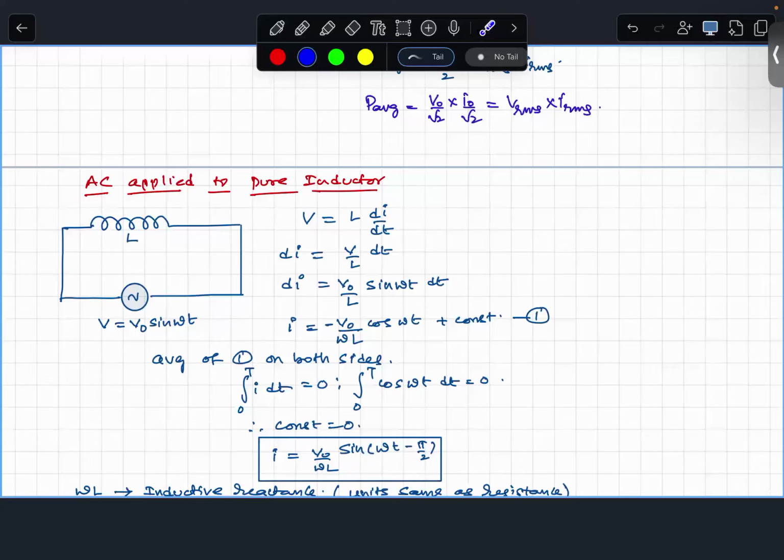The problem is with the cable. I have now applied AC to a pure inductor.